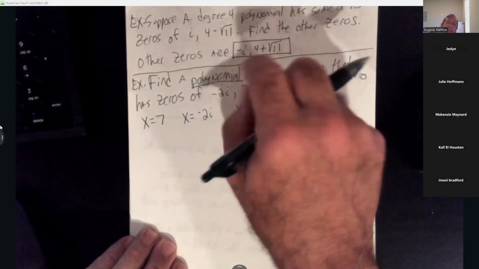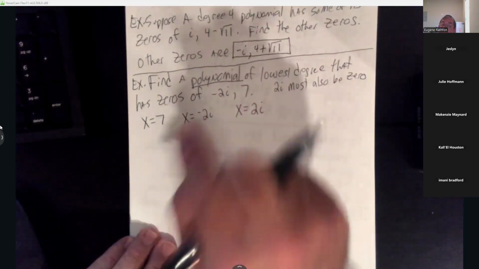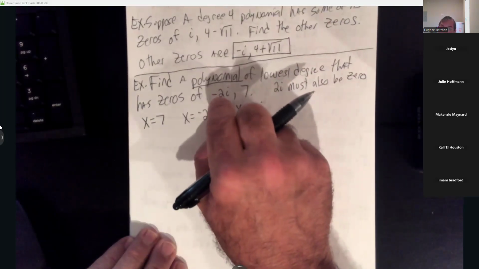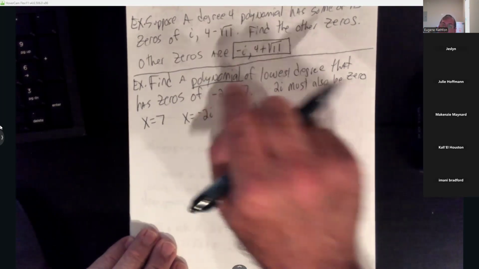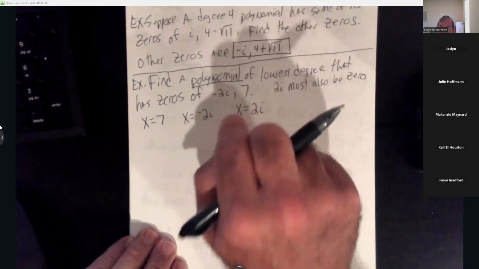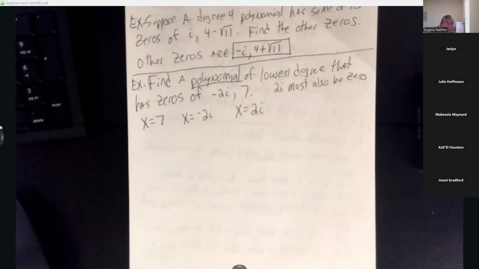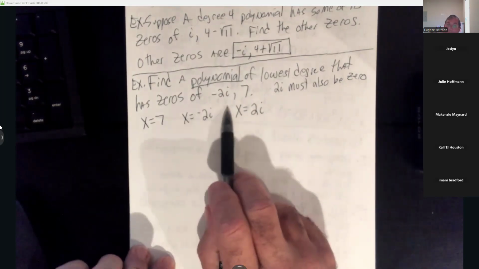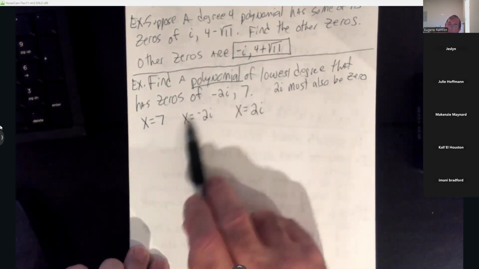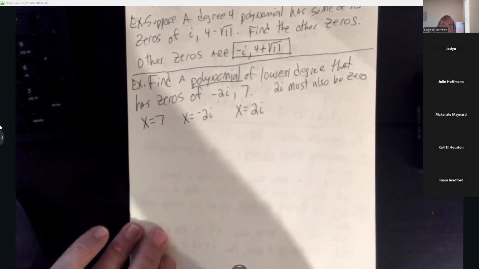So it's doing what we did on the first 3 problems, but now when they give you an imaginary, they want you to realize that the conjugate must also be a zero. In the first problem, they gave me the 6i and negative 6i. Now they're just giving me one of them. But we're doing the same thing we did on that second problem.